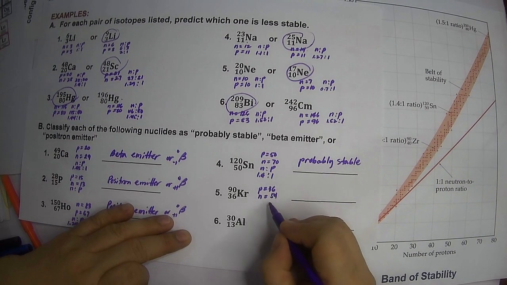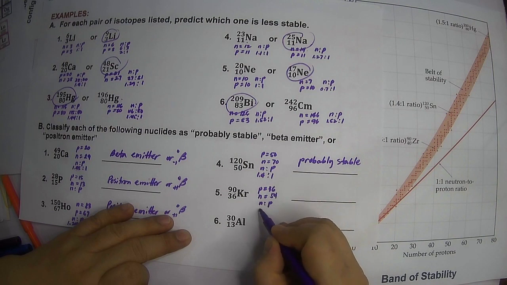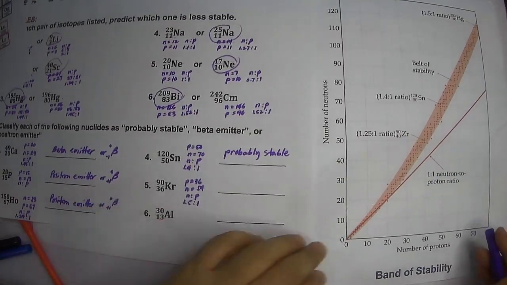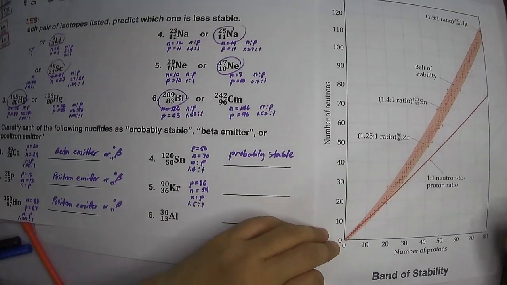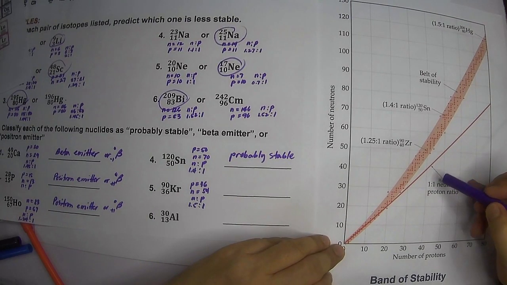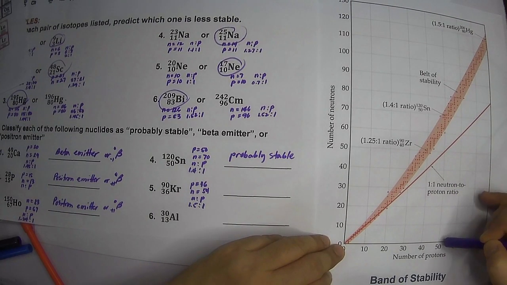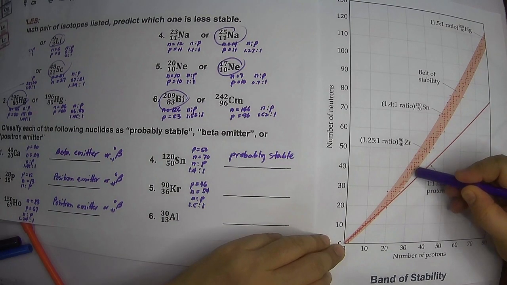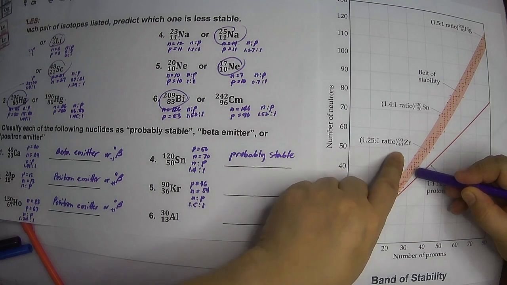So the neutron to proton ratio, 54:36, that is 1.5:1. Okay, let us see if it's within the belt of stability. You have the atomic number, or the number of protons, 36 here, and 54.